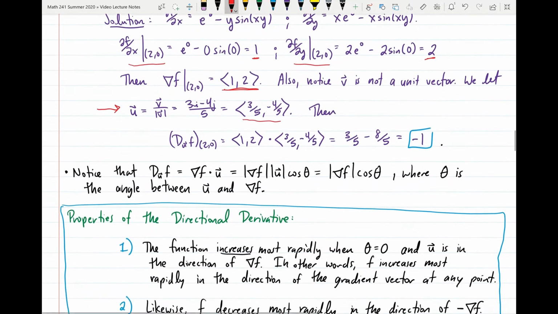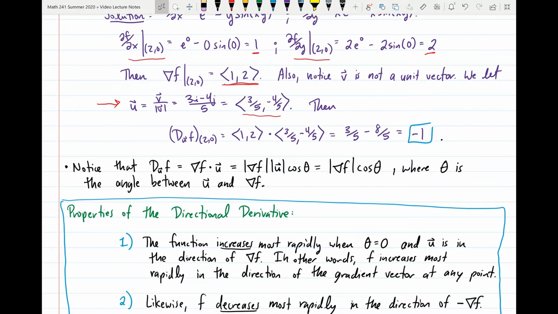And finally, by the theorem above, the directional derivative in the direction of u at the point 2, 0 is going to be equal to the gradient vector at the point 2, 0 dot product with our unit vector u. So we have the vector 1, 2 dot product with the vector 3/5, minus 4/5, and then just computing that dot product, we end up with the value -1.